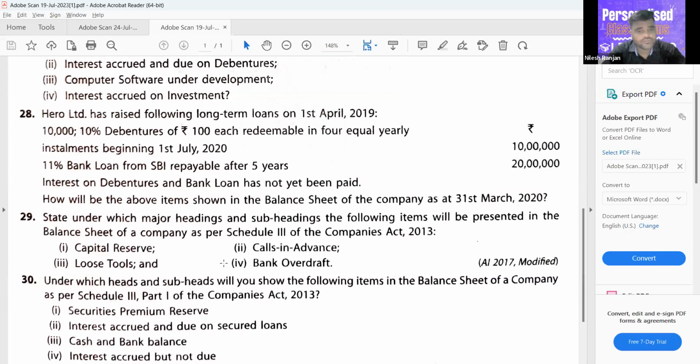Yes. So the first one is under long-term borrowing. And the second one? That is also under long-term loan. And there is one more line written.